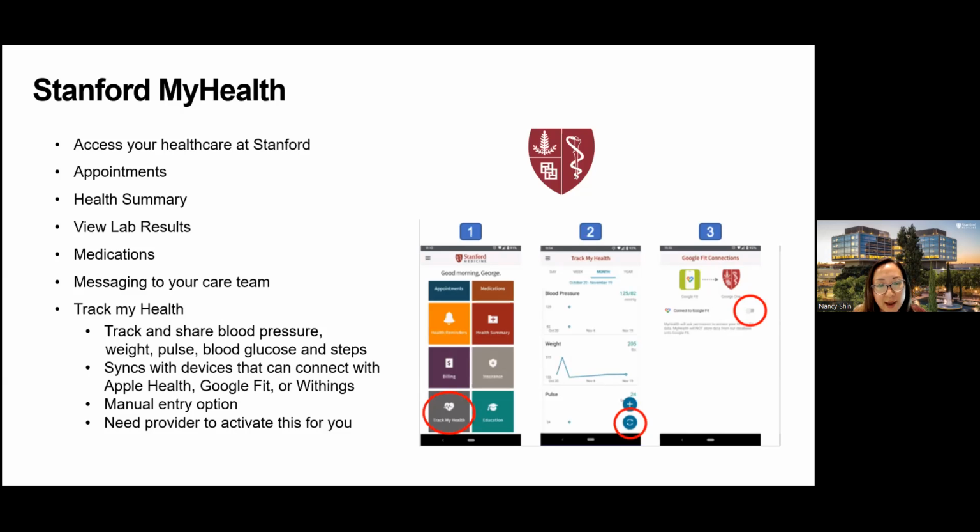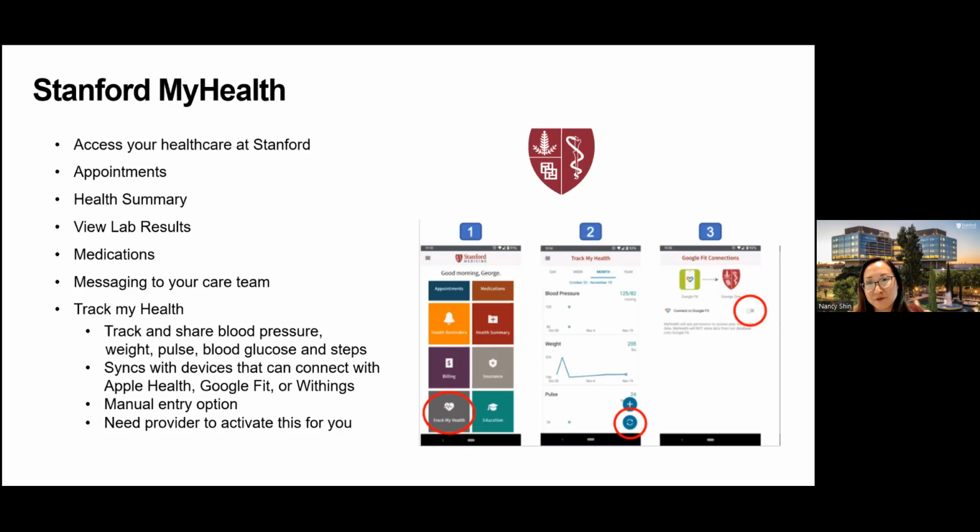If you already have a Withings device, so Withings makes blood pressure cuffs and scales that can sync automatically directly into this Stanford My Health app. If not, Stanford My Health will basically sync data through your Apple Health Kit or your Google Fit Kit as well.